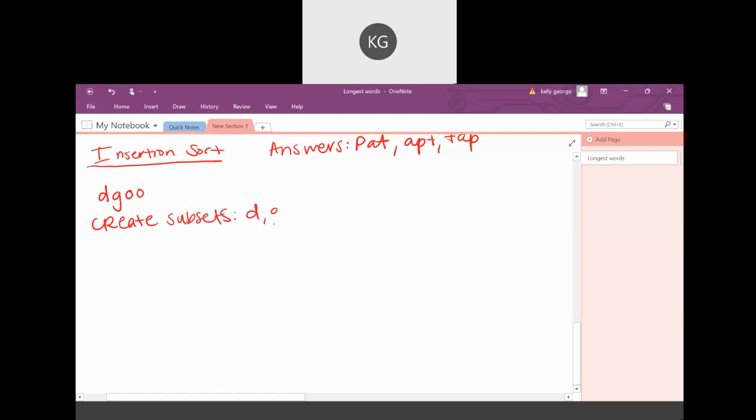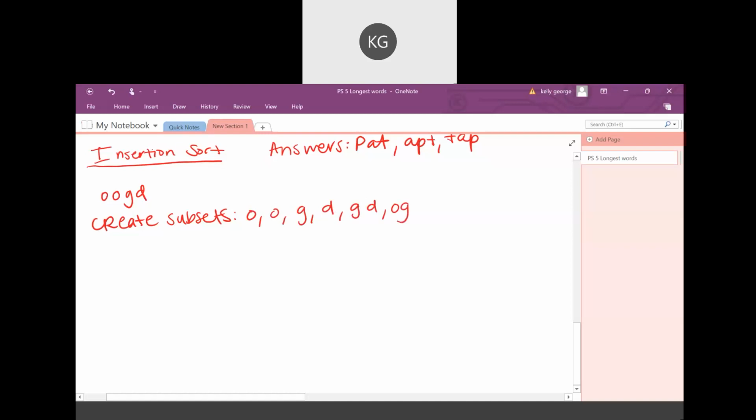So D, G, O, O. I think, oh wait, hold on. I created the subsets in a different order. Okay, so if we started with O, O, G, D, and then let's create our subsets. We'd have O, another O, G, D. I'm just writing them all out.